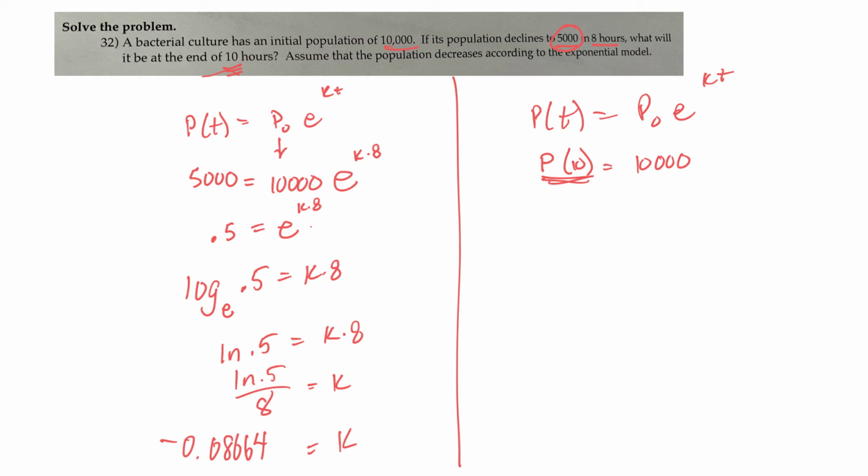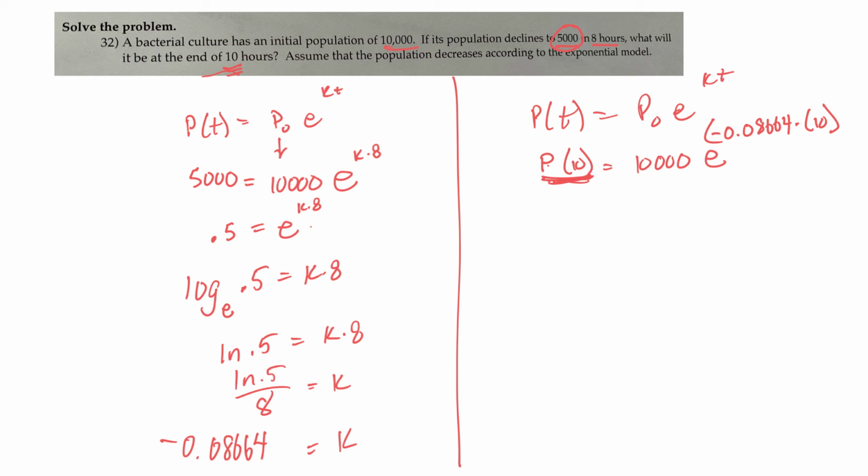So that's what this says. What's the population after 10 hours? And that's just a variable, like I could just call it P or whatever. Okay, e to the k, I know k, negative 0.08664 times the time, which is 10. So now I can just do that on my calculator.